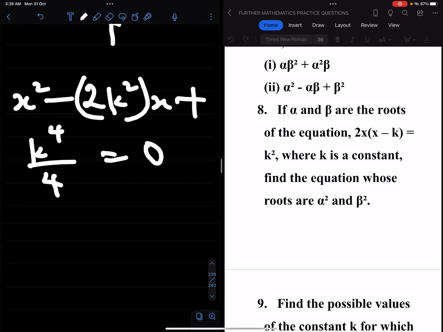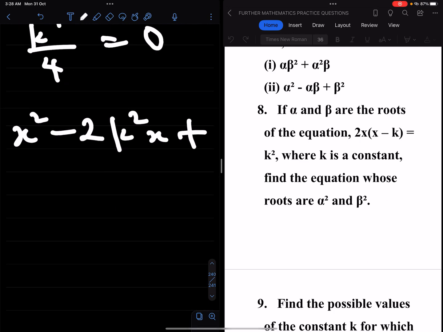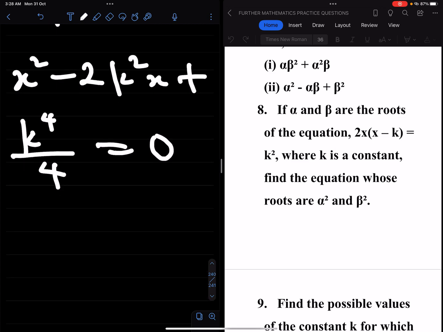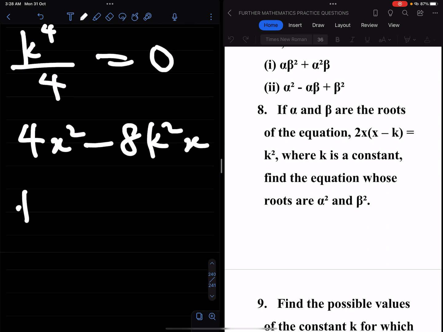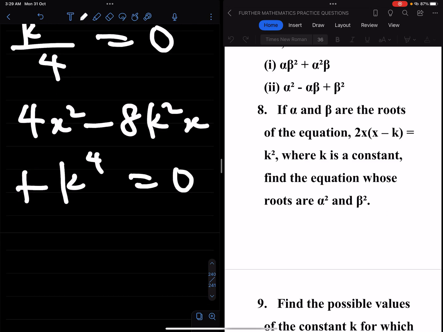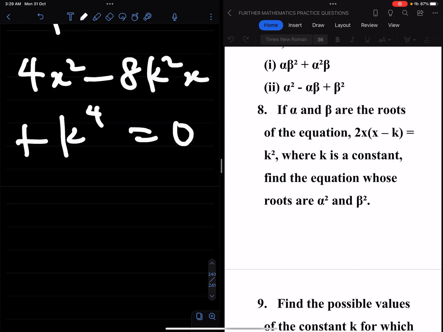And this is the same as x squared minus 2k squared x plus k raised to power 4 over 4 equals 0. Now I can multiply through by 4 to clear the fractions, and I'm going to have 4x squared minus 8k squared x plus k raised to power 4 equals 0. Now this is the equation whose roots are alpha squared and beta squared.